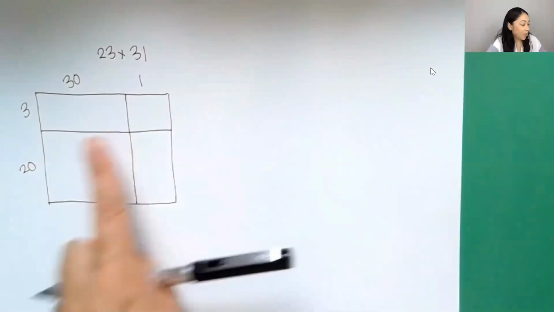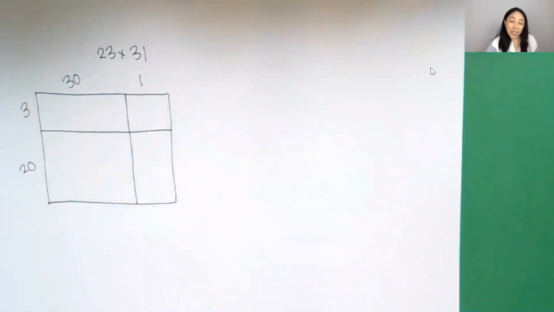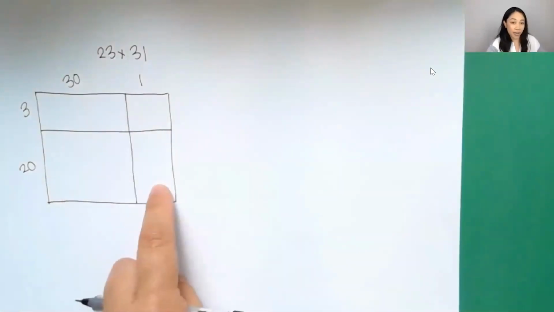Using the area model that we just drew, let's write an equation that represents the product of 23 and 31 as the sum of those 4 areas.